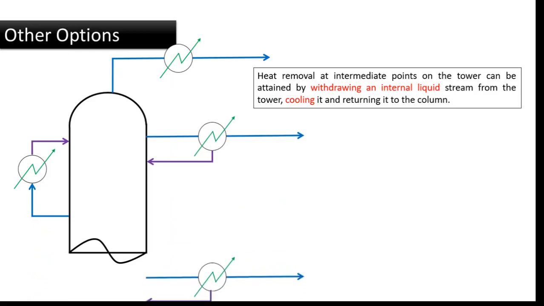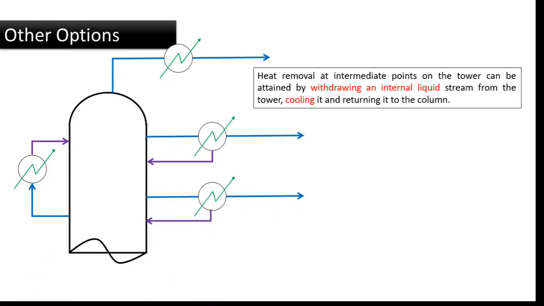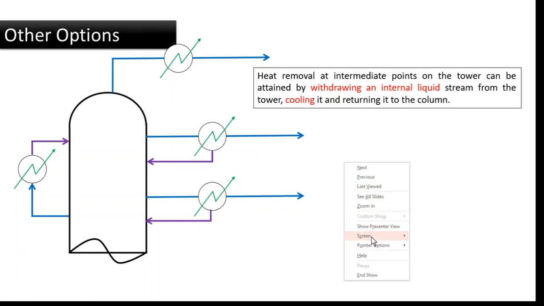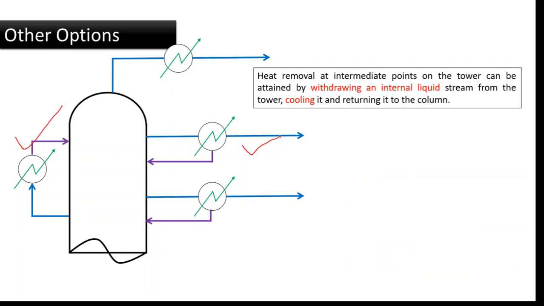In all these diagrams, you can see a portion of the product is taken back after condensing it, or material is taken out from the column, condensed, and then sent back into the column. In this example, a material is taken out as a product, but a portion of that product is taken back as reflux. So these intermediate options are available.